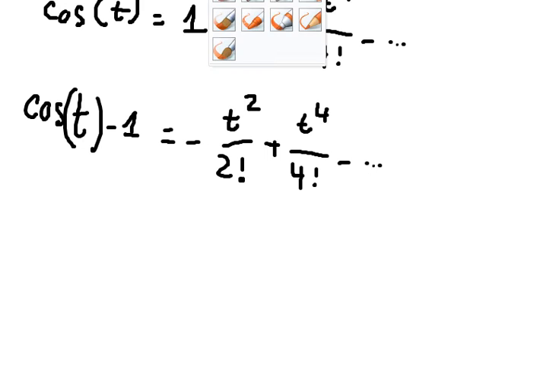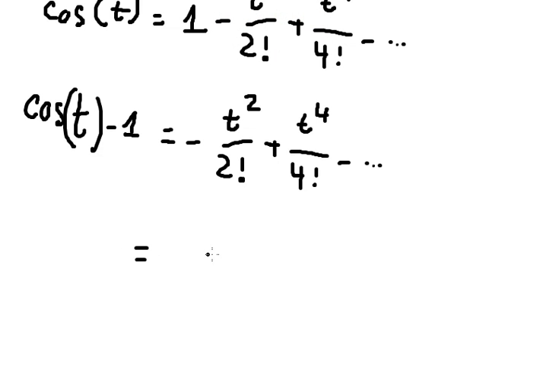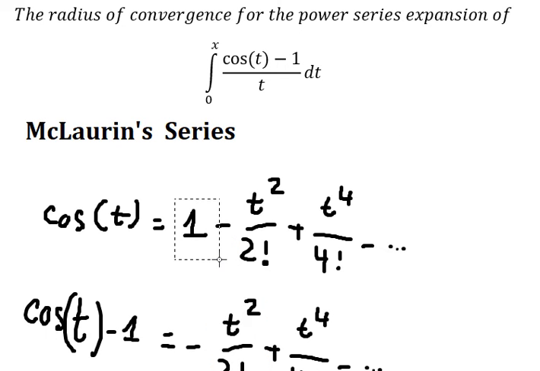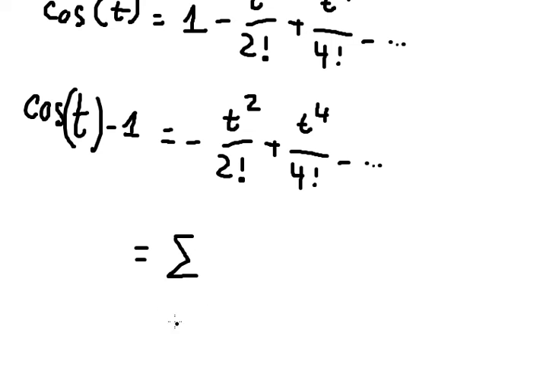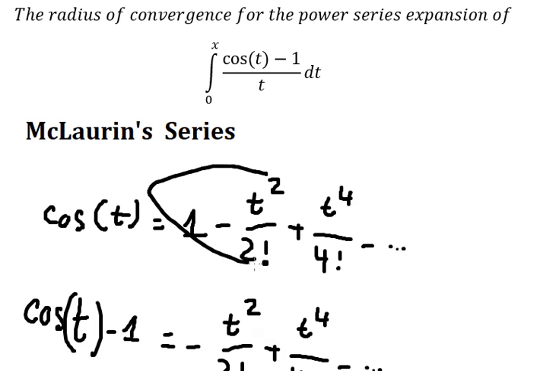So in this case we can put it into the summation. Because the first term is 1 and we eliminate 1 here, the sum will start at n equals 1 and go to infinity.